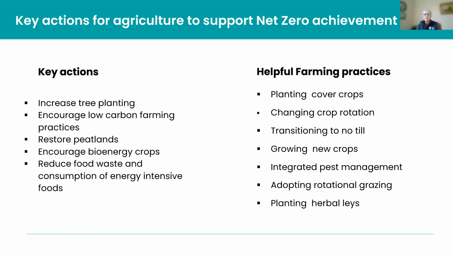Looking at integrated pest management, so not reaching for the chemicals, thinking about how else we can manage pests, and thinking about so much of the insect life as actually being beneficial rather than being a problem. And for livestock, it's about changing grazing practice and growing a much greater variety of forage crops, which have much deeper rooting. All these things, we know they help.